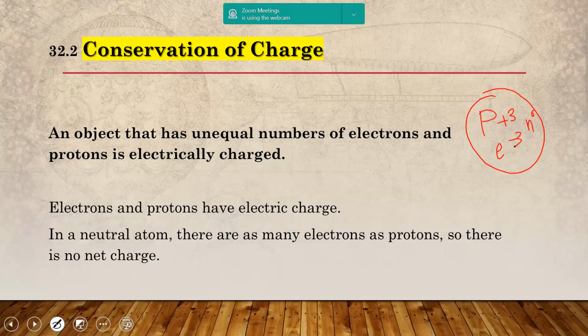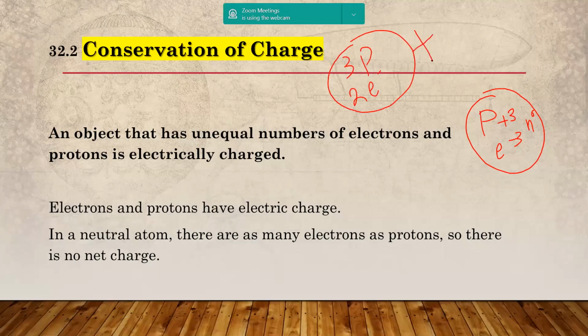So in an atom, since the number of protons equals the number of electrons, I will say that there's no net charge. But if the numbers of electrons and protons are not equal, like I have 3 protons and 2 electrons, where the number of protons is greater than the number of electrons, I will say that this atom is positively charged.